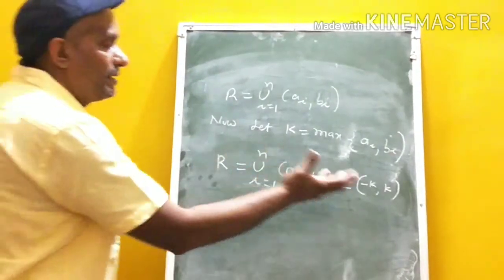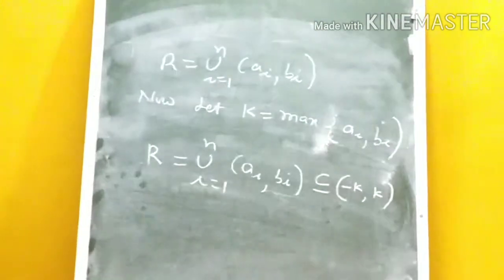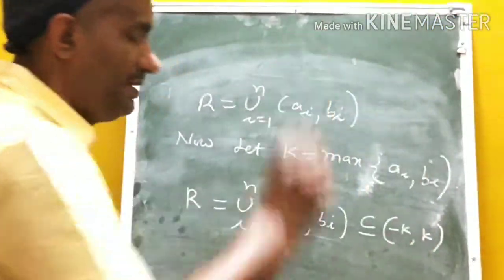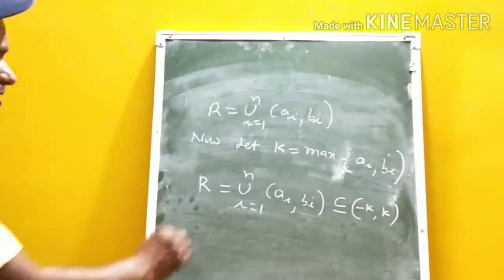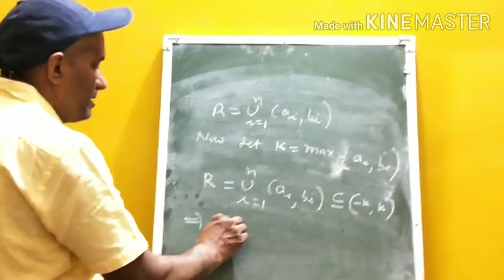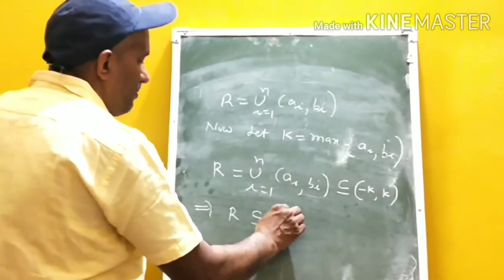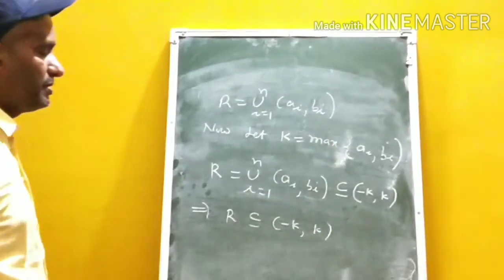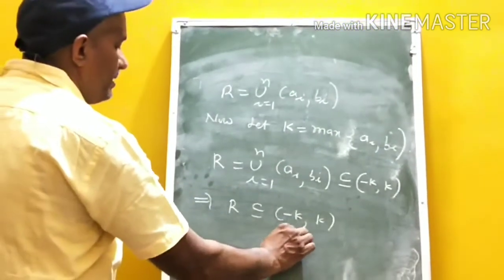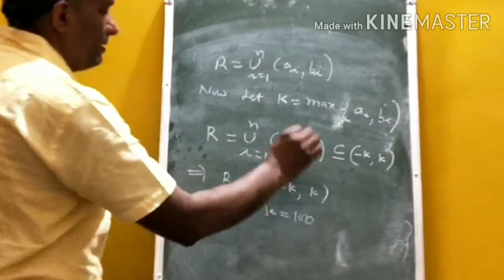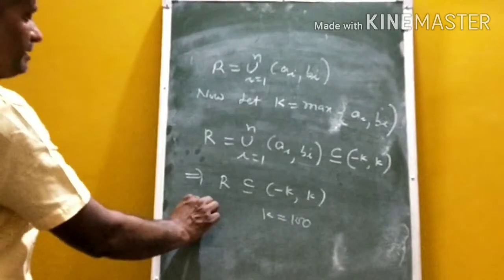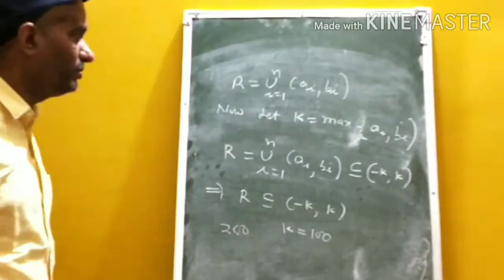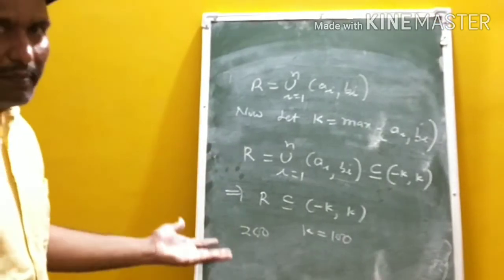A real number cannot always belong to an open set bounded by a finite K. So we cannot say this implies R is contained in (minus K, K). Suppose K is 100, then if you take an element 200, it cannot belong to that. So the usual topology is not compact.